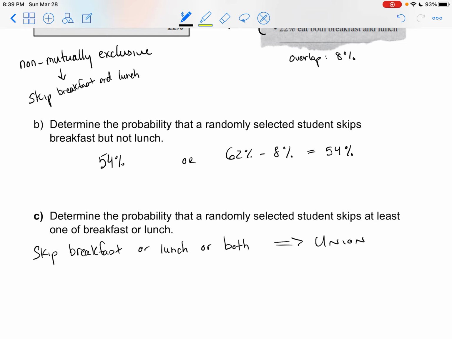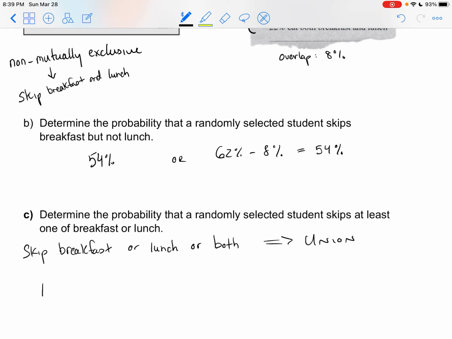When it can be anything, all of it. So we'll say the probability of breakfast union with lunch is going to be 54% plus 8% plus 16% is equal to 78%.